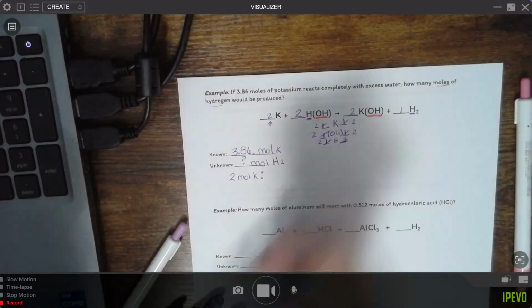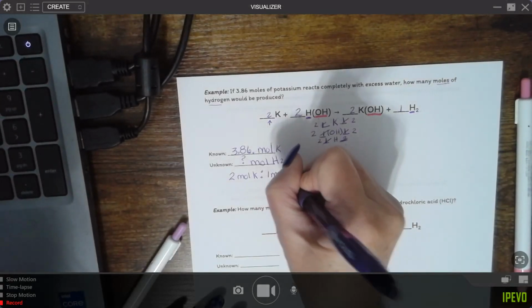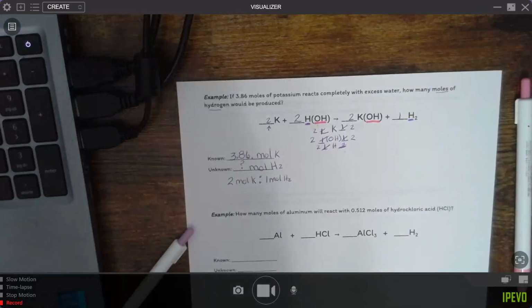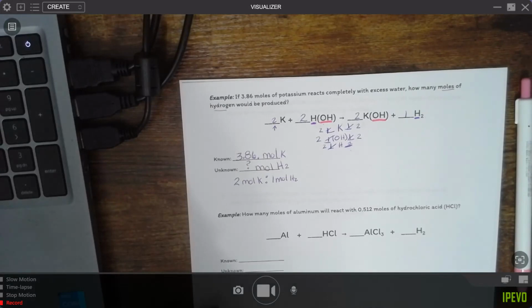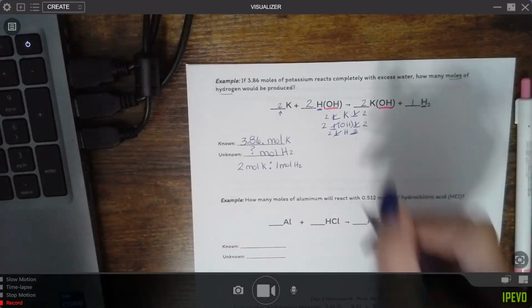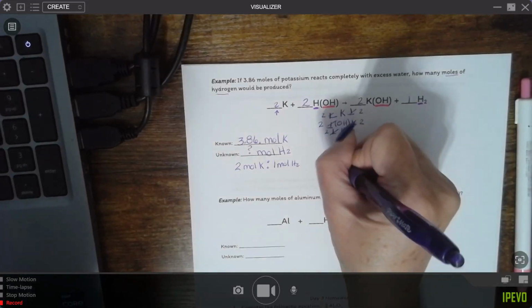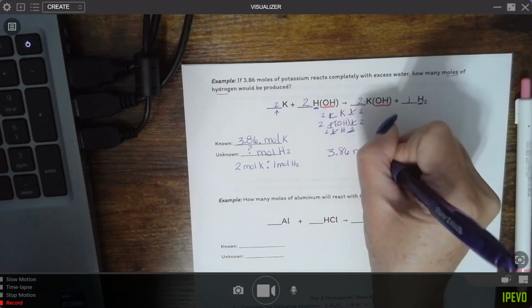So now we're going to set this up into a problem like we did the other day when we were converting between grams and moles. So our given is 3.86 moles of potassium.